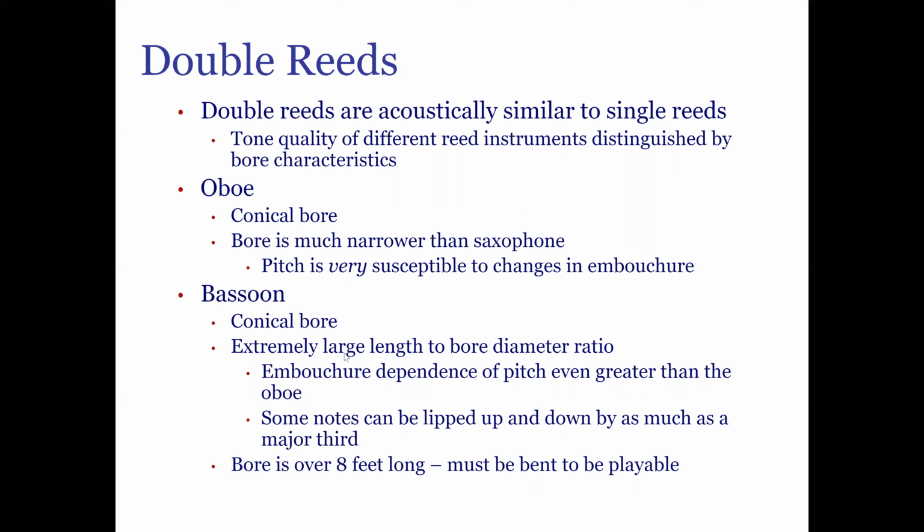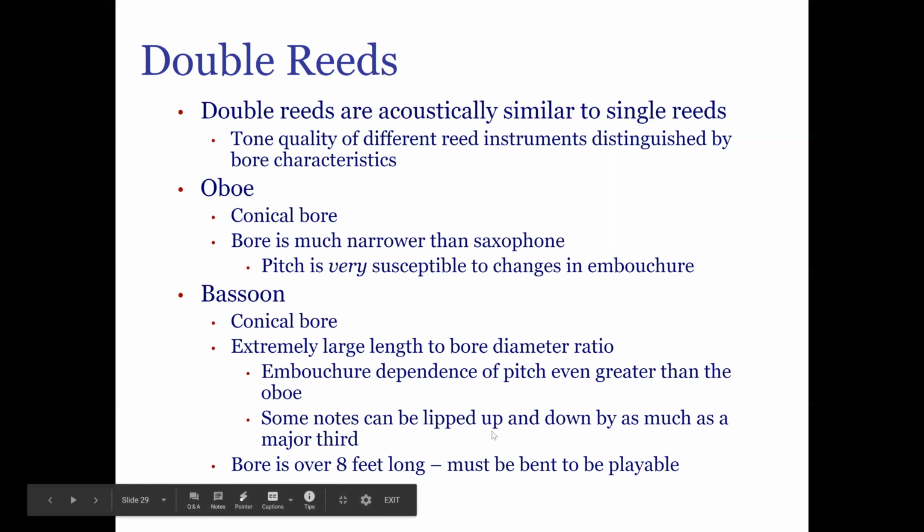And bassoon is another conical bore instrument. It has an extremely large length to bore diameter ratio. It means it's really long and fairly narrow. It is conical, but it's a very gently slanting cone because of the length of the instrument.